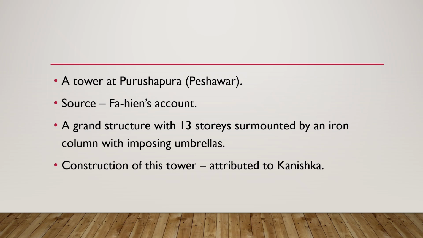We know from Fayan's account of the existence of a tower at Purushpura or Peshawar. It was a grand structure with 13 stories surmounted by an iron column with imposing umbrellas. The construction of this tower has been attributed to Kanishka.